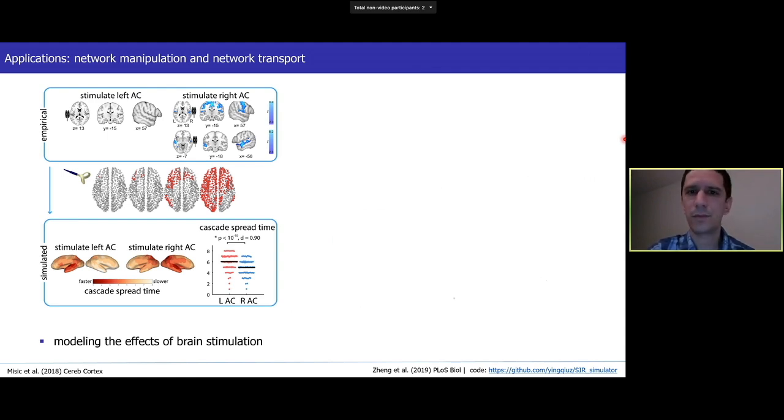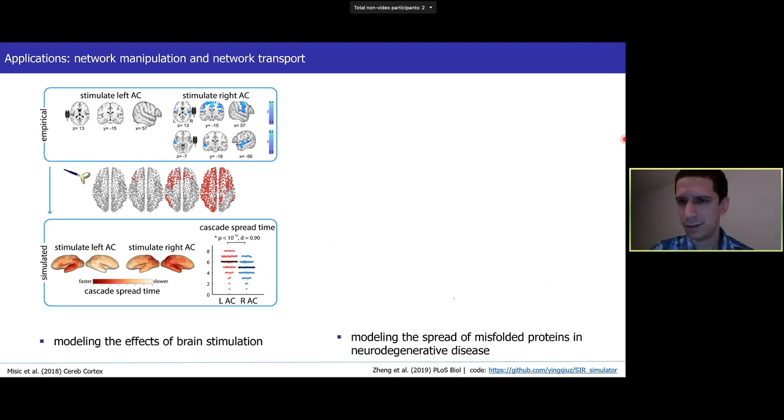The other way that we can use these kinds of models is for questions of neurodegeneration. So I've talked about communication from the perspective of electrical signals traveling on brain networks, but we also know that the white matter architecture of the brain supports the transport of molecules that are needed for growth and repair. And we increasingly recognize many neurodegenerative syndromes, from Alzheimer's to Parkinson's to ALS and so on, as being molecular nexopathies.